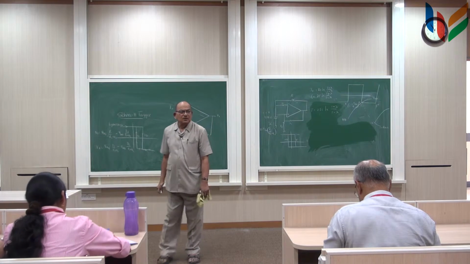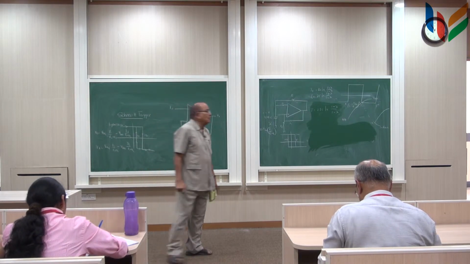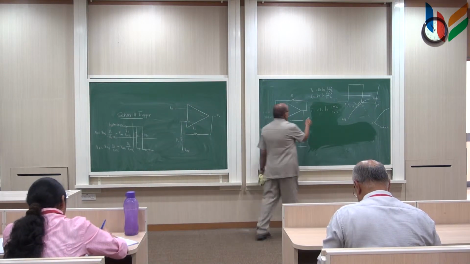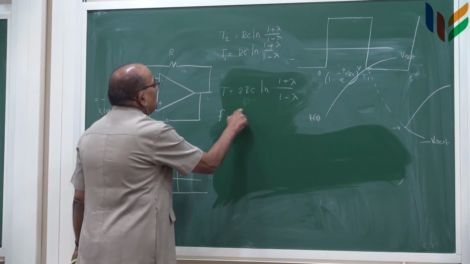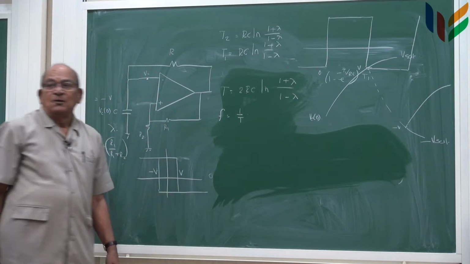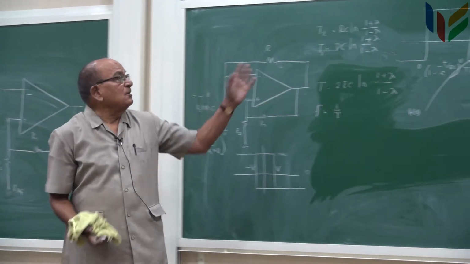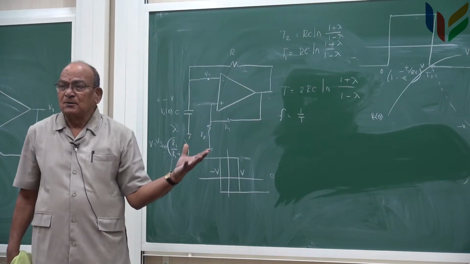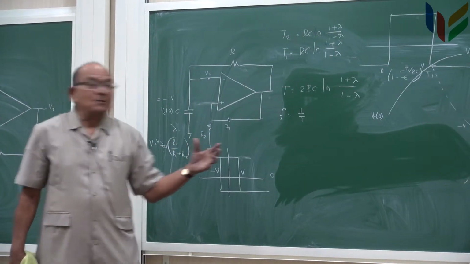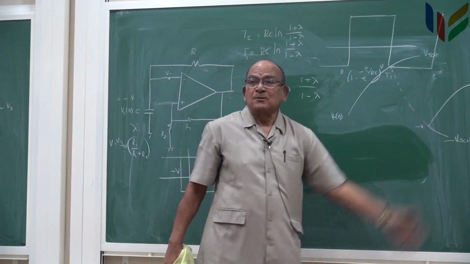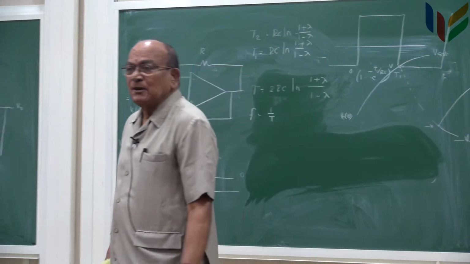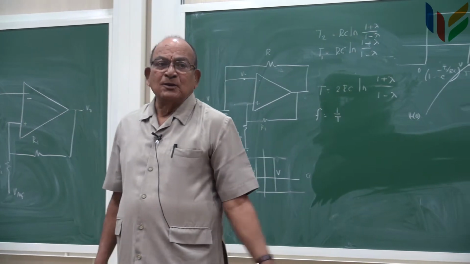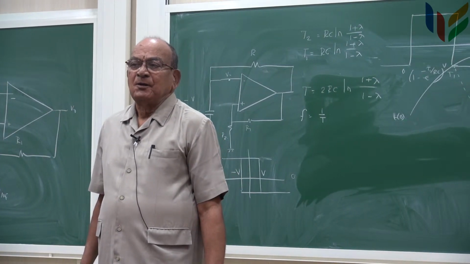So 1 by T is equal to frequency. So F is equal to 1 by T. And since T1 is equal to T2, it is a square wave, this duration is same as this duration. So it is a square wave generator by using this. Okay.